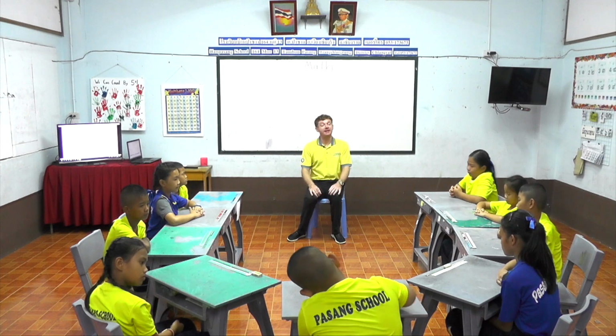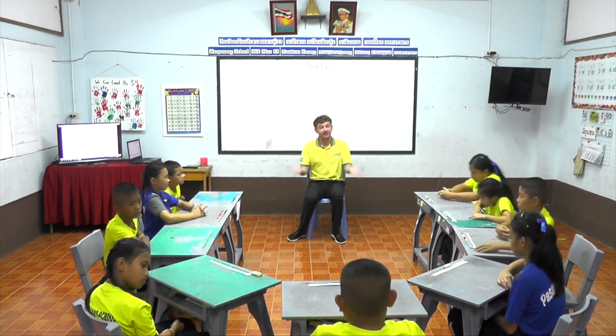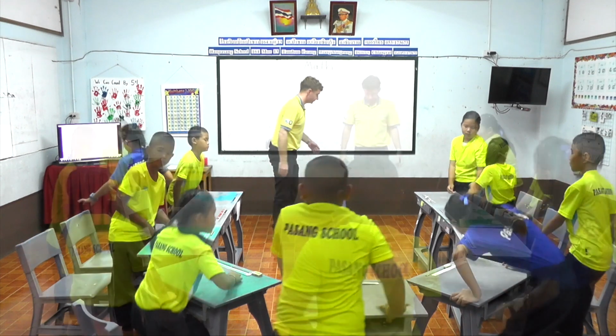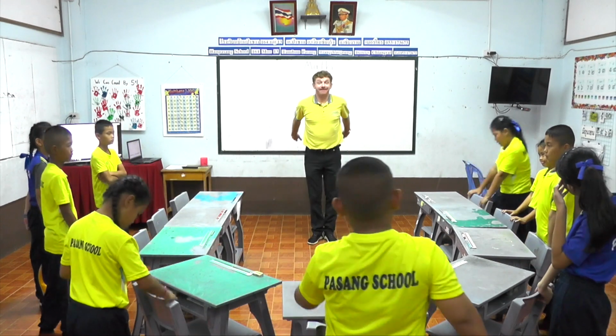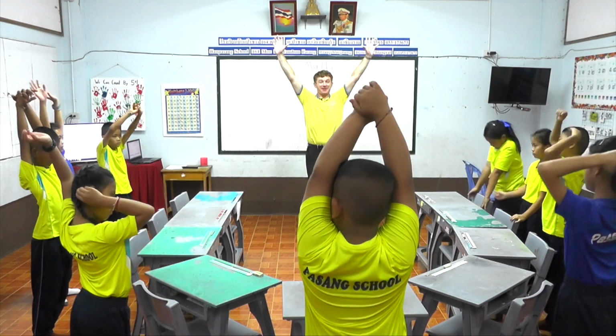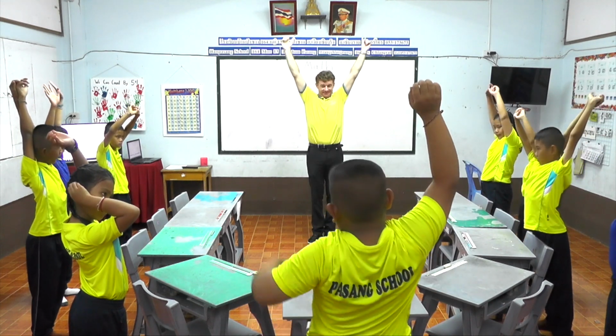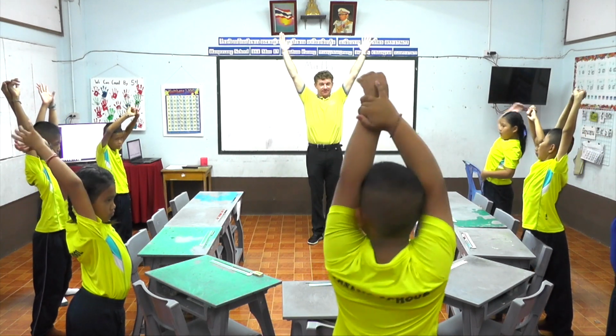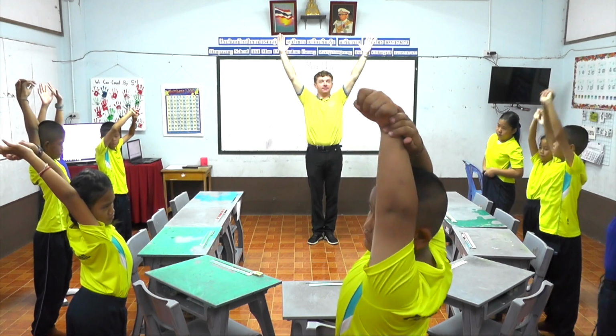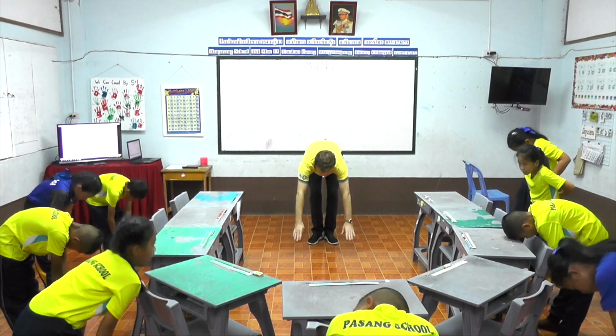Excellent. And next we'll do our stretch sequence. So let's stand up and push in our chairs. And we'll begin by stretching up high to the sky. And then let's stretch down low, touch our toes.